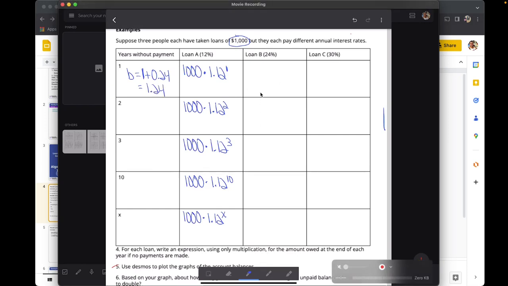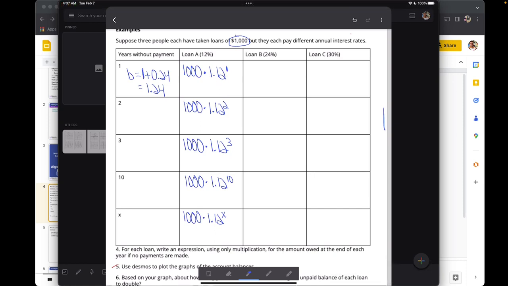Essentially, my answers in this column are going to be exactly the same as the answers in this column, except replace the 1.12 with 1.24, increasing by 24%.